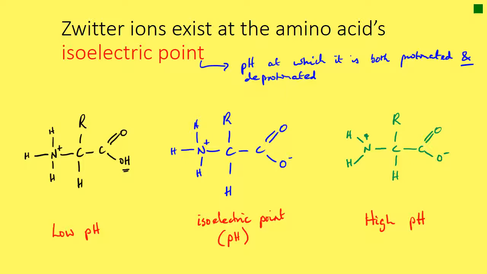And each amino acid's isoelectric pH is different, because it depends on the alkyl group, how electronegative the alkyl group is.